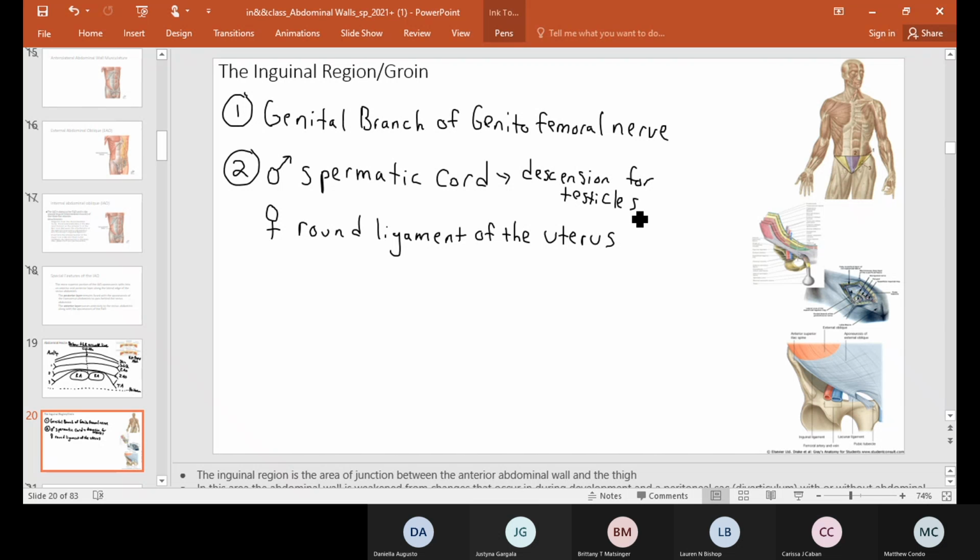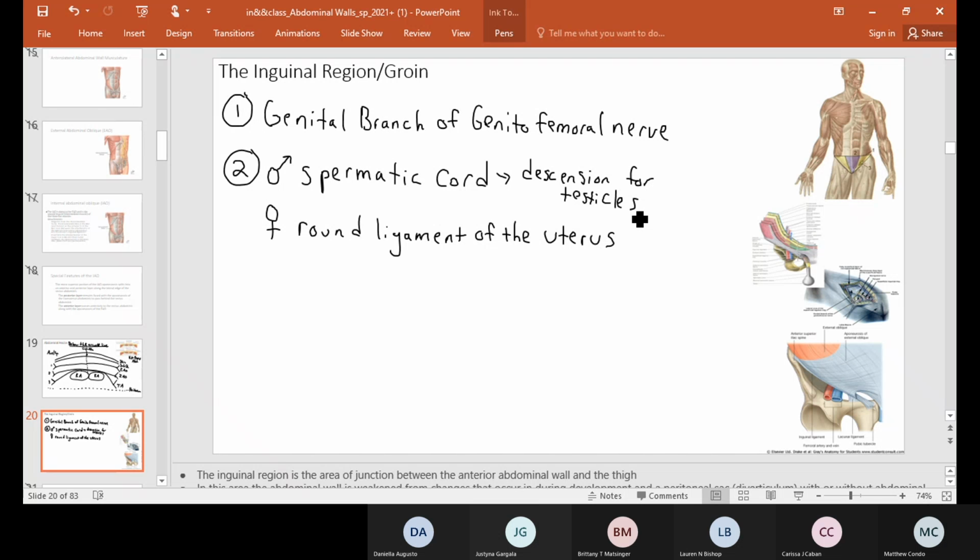Now, the testicles during the development cycle actually start out in the posterior abdominal wall, and then they descend down through, and they actually gather layers of fascia and layers of peritoneum as they descend down into the scrotum. Okay, does it make sense? So those are going to be the big pieces of content.